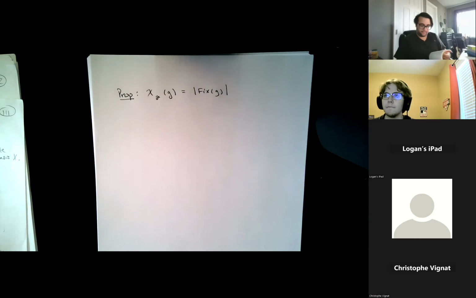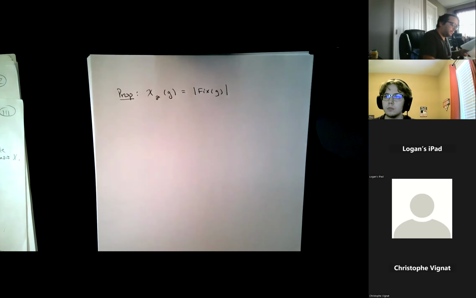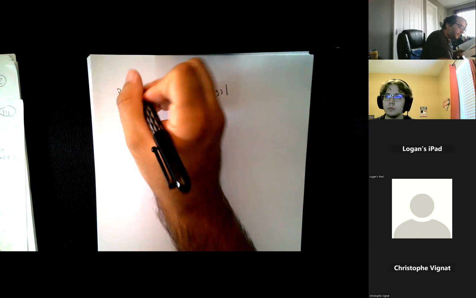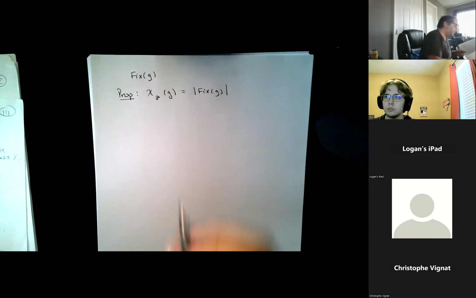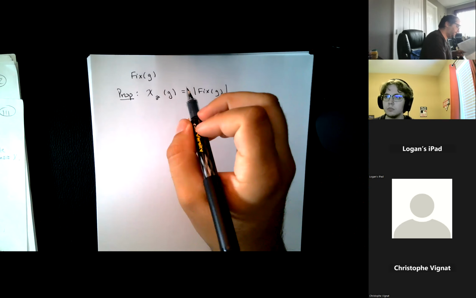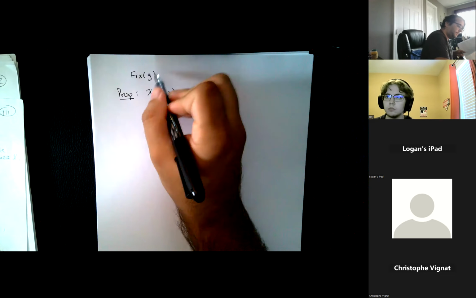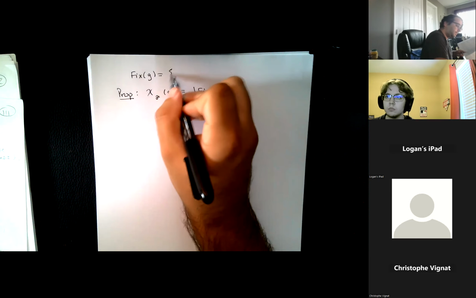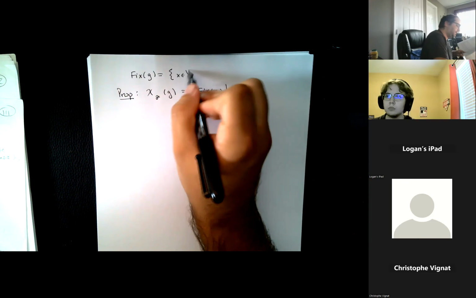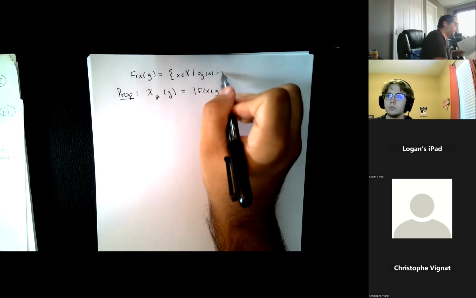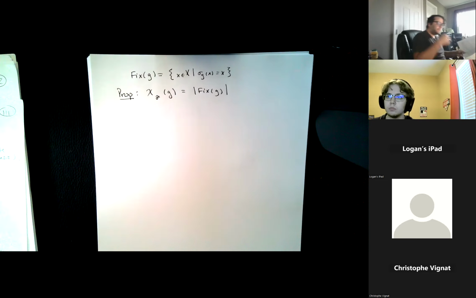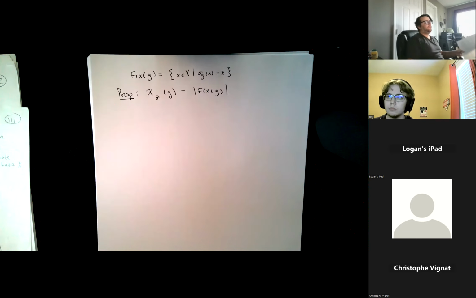Make sure I get it right. Okay, so we can define a set Fix(g) by the set of x in X such that sigma g of x is equal to x. So it's all the elements of X which are fixed by this group element g.